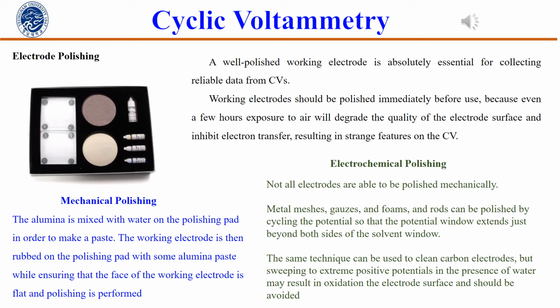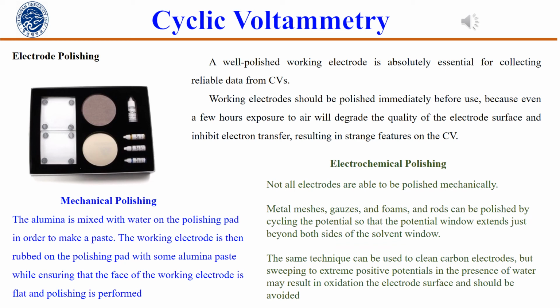Coming to mechanical polishing, as previously mentioned, the working electrode must be polished to ensure that there are no surface contaminants that might interfere with electron transfer. One common way of polishing the working electrode is to use a commercially available polishing pad and alumina, Al2O3.